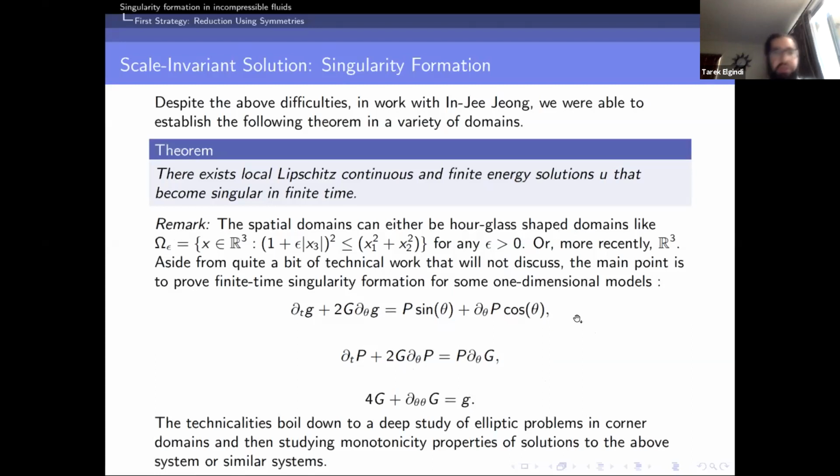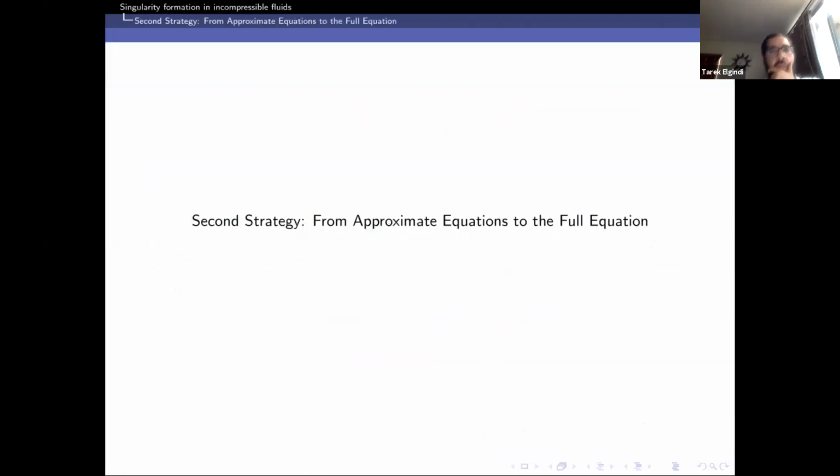How you actually prove that they have relevance to finite energy solutions is using, I think, a deep study of elliptic problems in corner domains, or elliptic problems around L infinity actually. Okay, so that was one fruitful strategy to attack the global regularity problem.